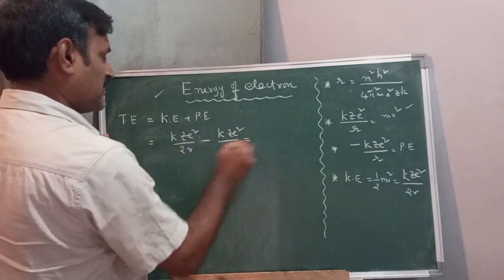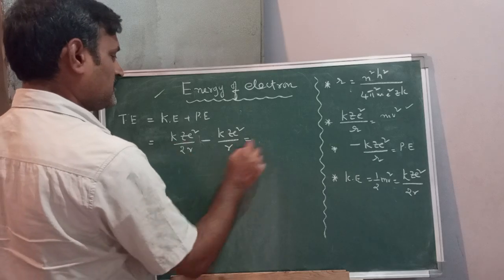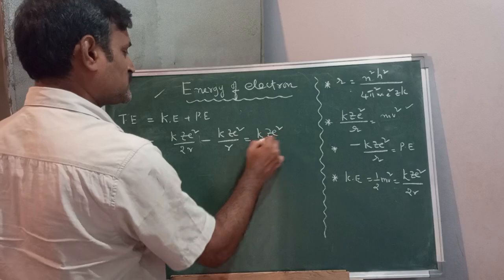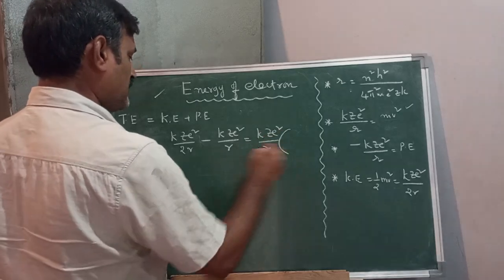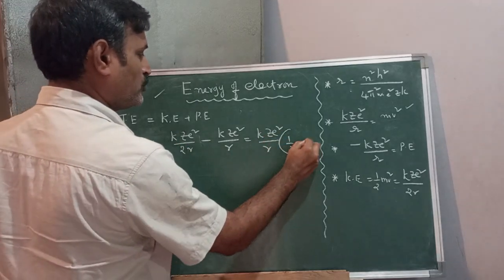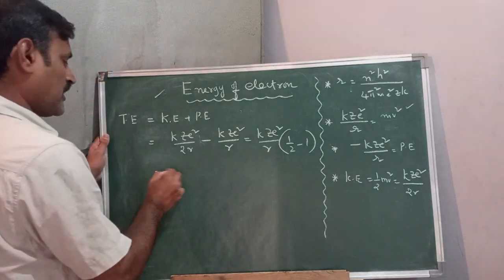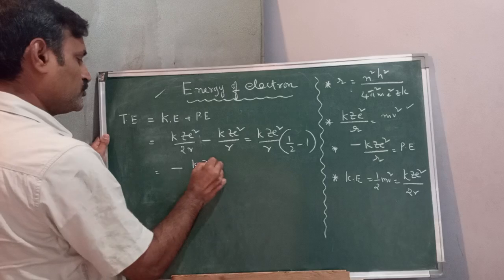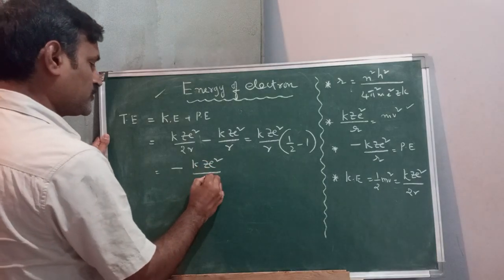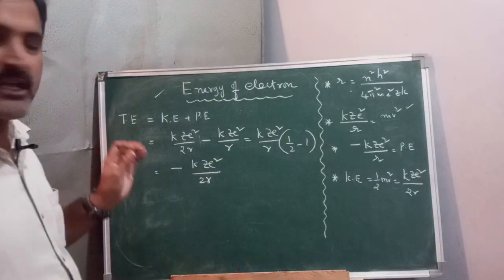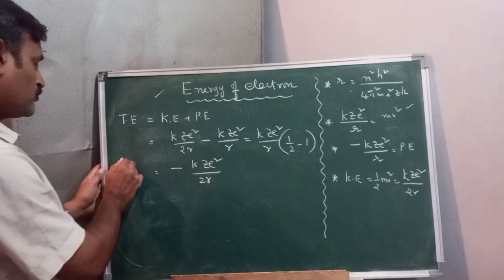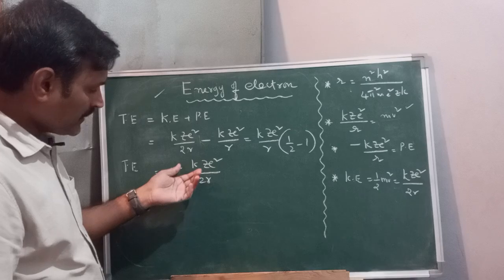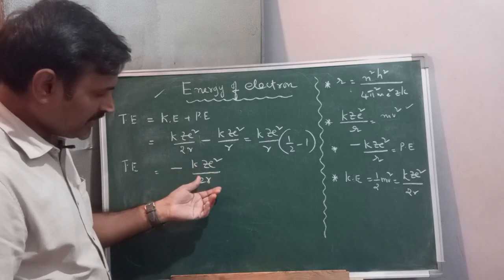If you take the common value k into z e square by r, then it becomes 1 by 2 minus 1, which is minus 1 by 2. So it will become minus k into z e square by 2r. So the total energy of the electron became minus k into z e square by 2r.